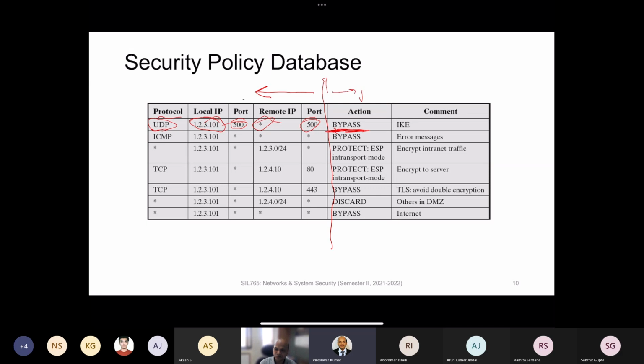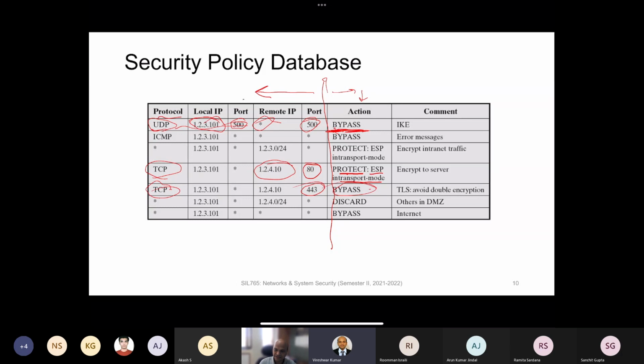So in this database, we are putting this information: if this is what happens, then you do this. If you have a TCP packet going to remote IP 1.2.4.10 on port number 80, then you protect this packet using ESP in transport mode. You do this procedure for this type of packet. Again, for another type of packet going to port 443, you just bypass that packet.